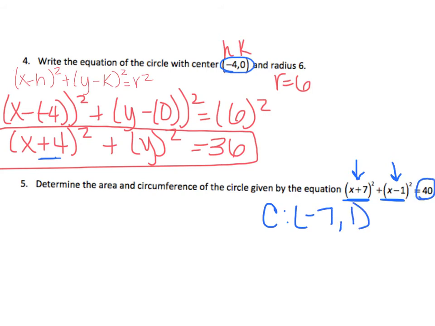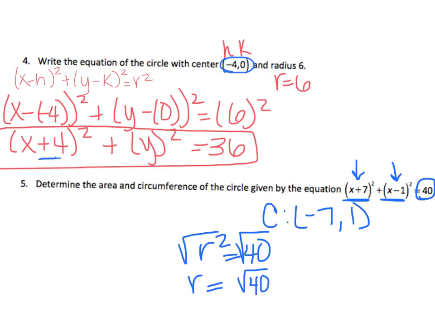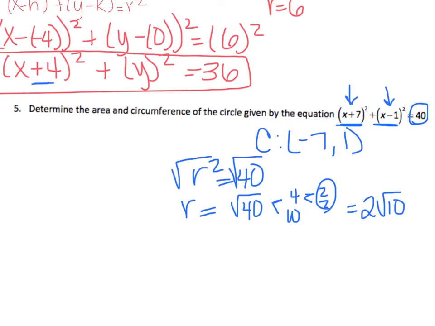This back number, 40, remember that equals r squared from our equation of our circle. So if I just want to find r, I'm going to take the square root of both sides and simplify it. So I'm going to go ahead and simplify 40 into 4 and 10. So this is going to equal 2 root 10. That's our radius.